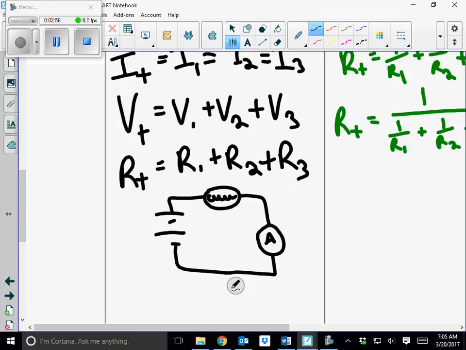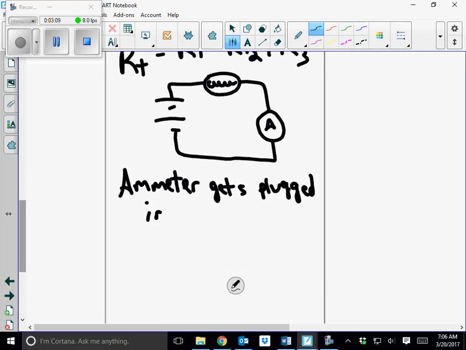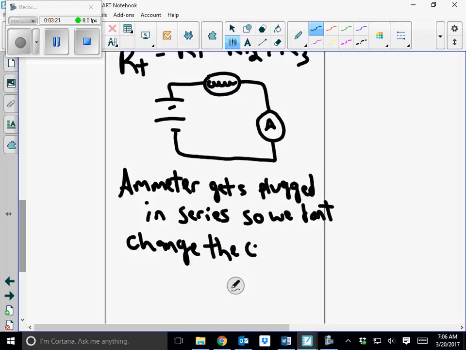The ammeter gets plugged in in series, so we don't change the current by measuring it.